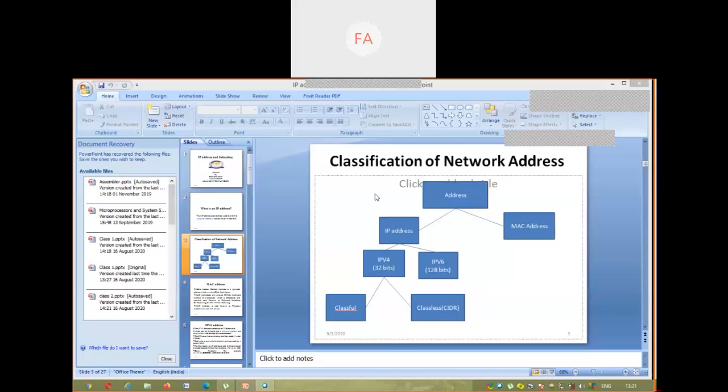Now, if we talk about IPv4, again two types: classful and classless. Hope this diagram is clear. Can we move on to the next slide? Yes, sir. Okay.